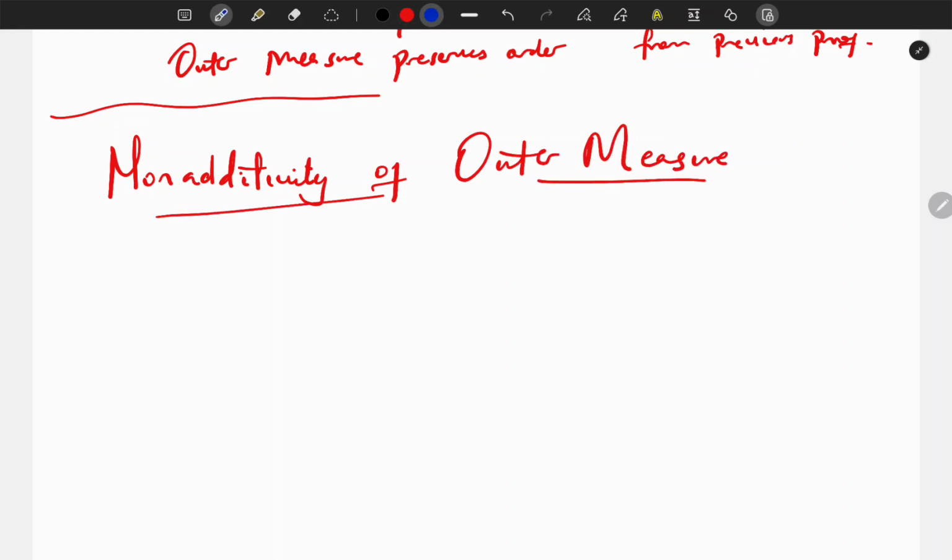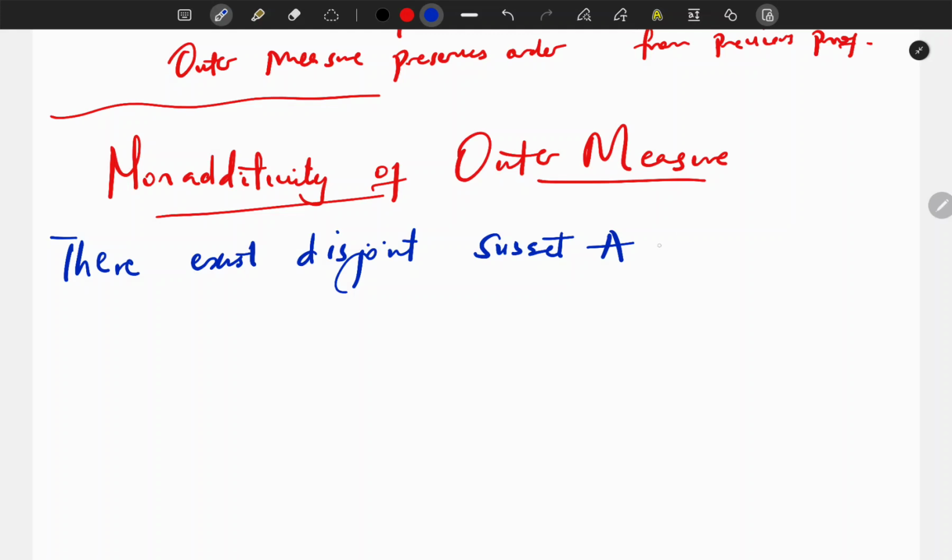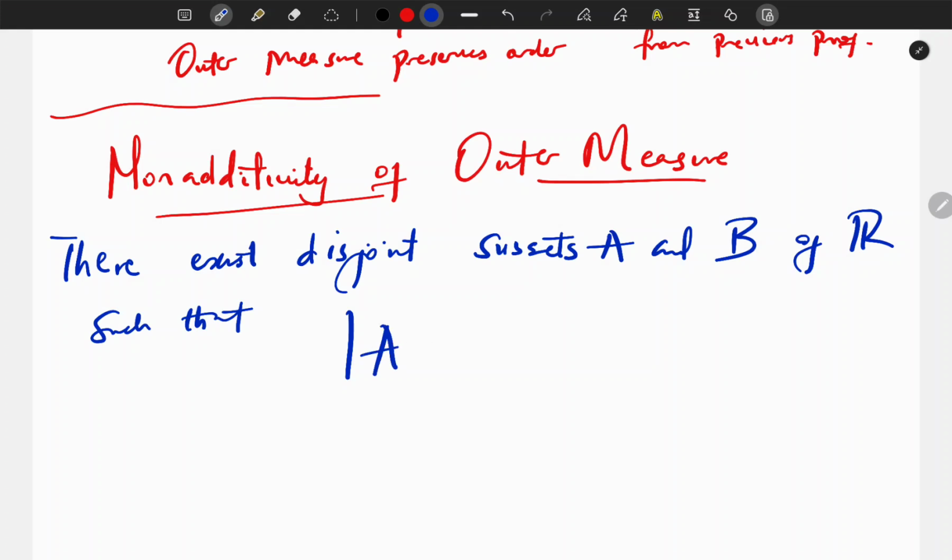That is, even though we have disjoint subsets A and B of R, it can happen that the size of A union B is not equal to the sum of the sizes of the individual sets.